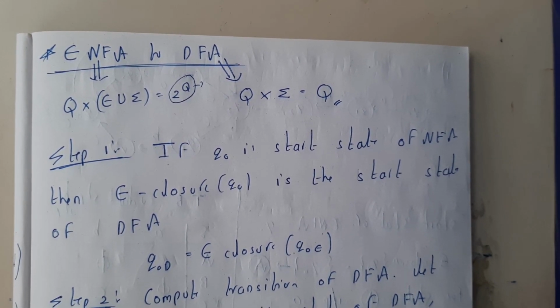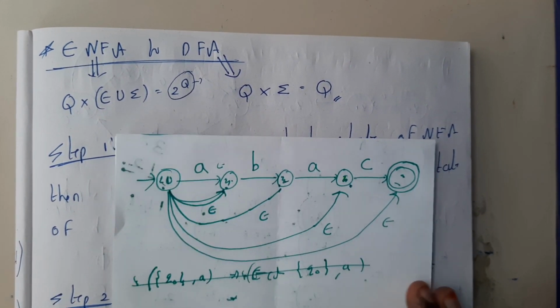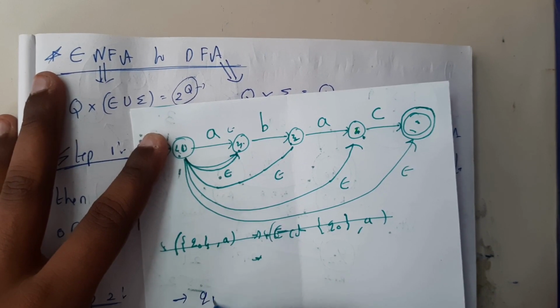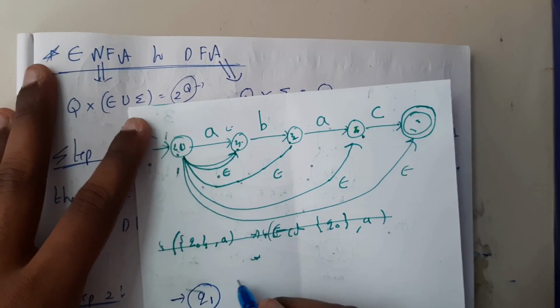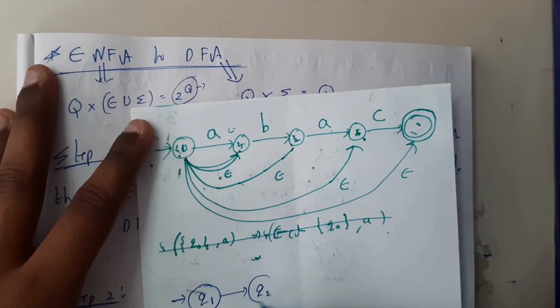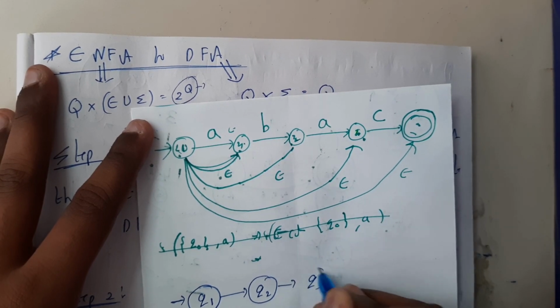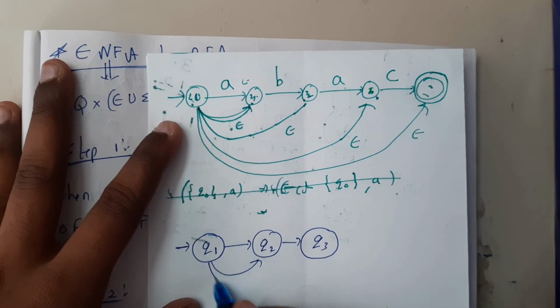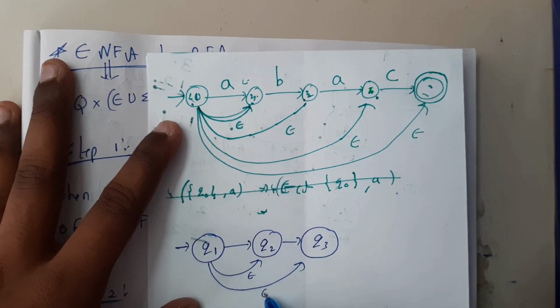If you want, I'll take a small example. It is written really roughly, I'll draw a simple example for you again. Q1, Q2, Q3, with epsilon transitions.